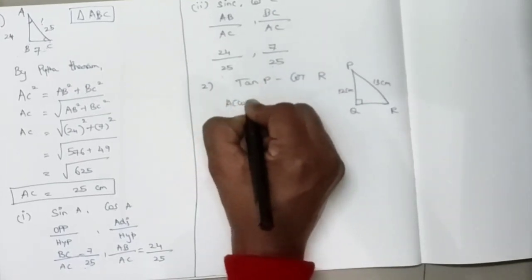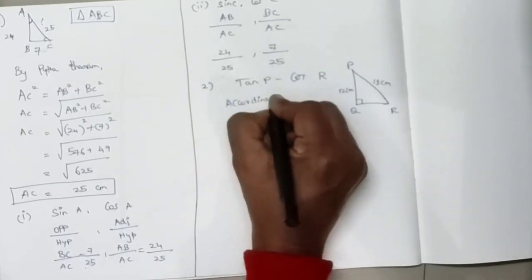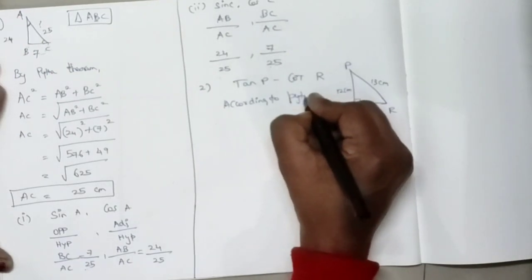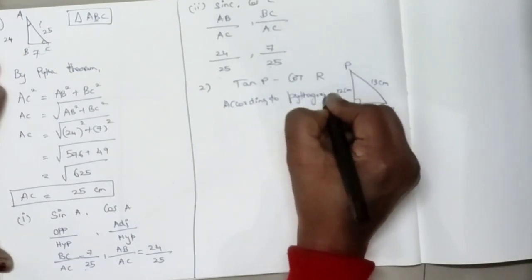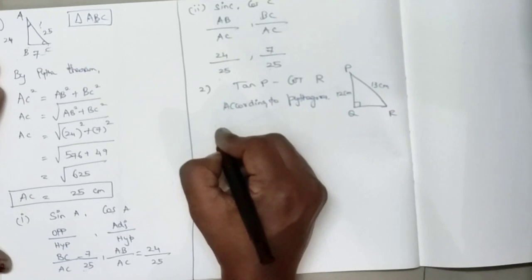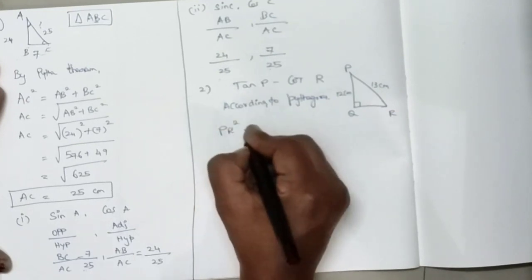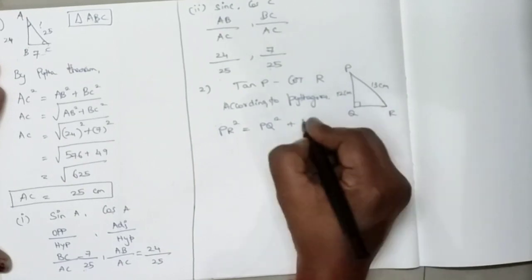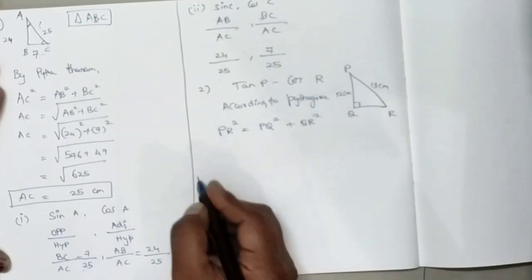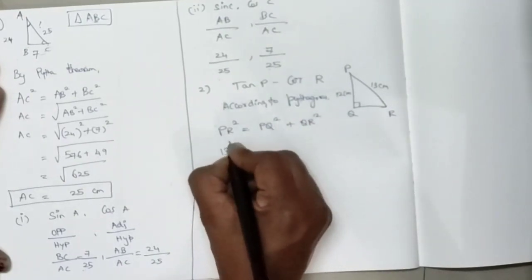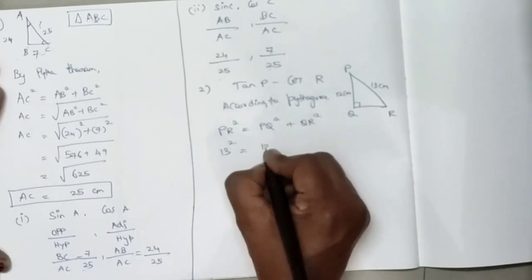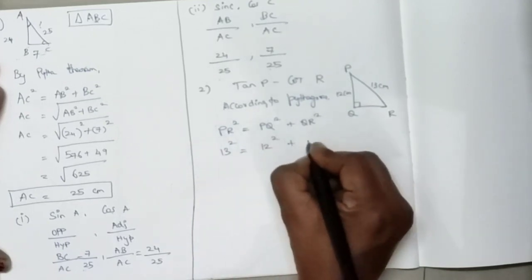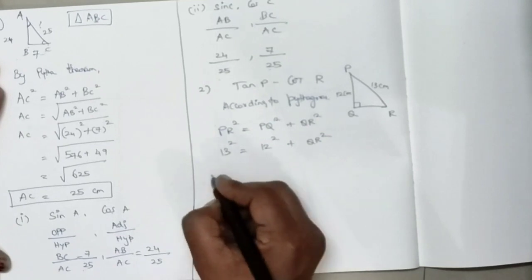So according to Pythagoras theorem, hypotenuse square is equal to the sum of the squares of both the sides. So PR square is 13 square, that is equal to 12 square plus QR square, which we do not know.